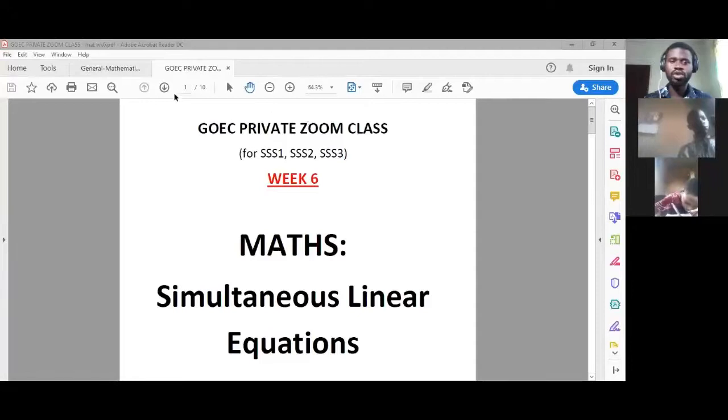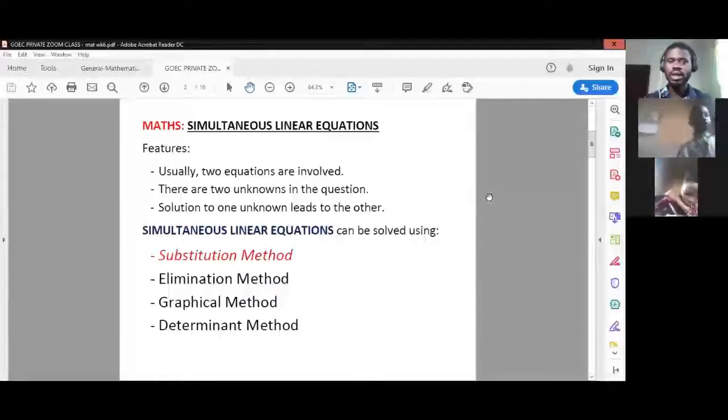Okay, so what do we want to look at under simultaneous linear equations? Now, the first thing we need to look at is the features of simultaneous linear equations. If you don't know the features, you may not be able to understand what you need to do, or perhaps when you see questions like this, you don't know if they are simultaneous linear equations or not.